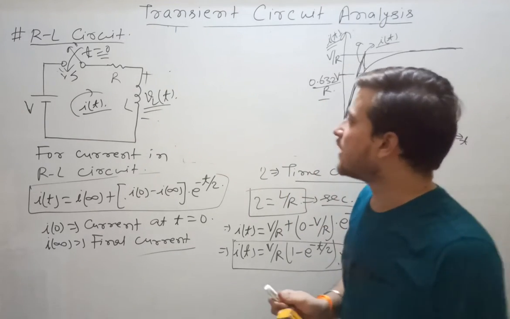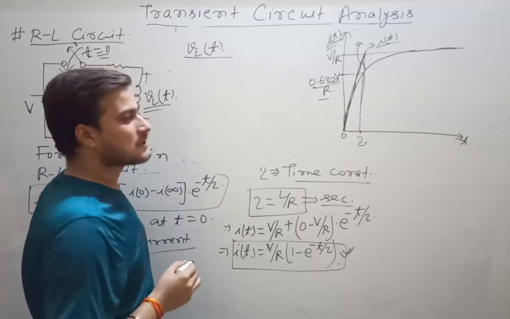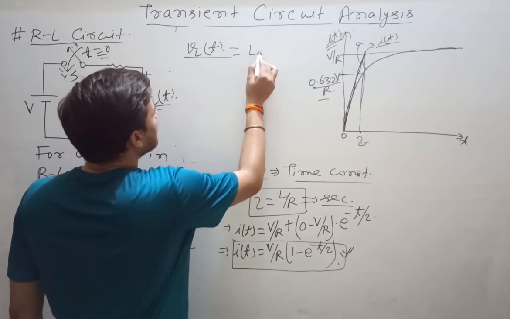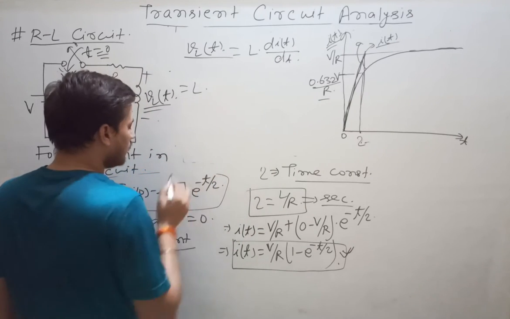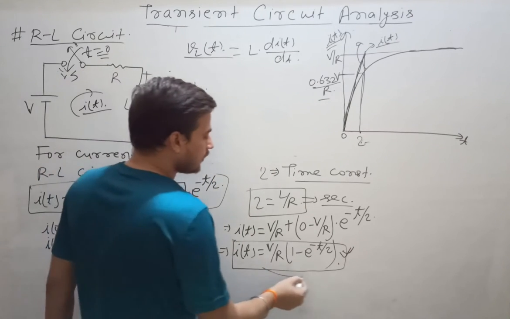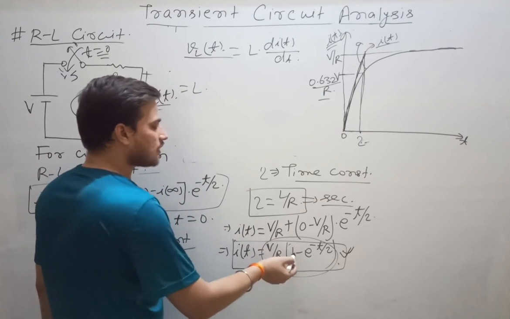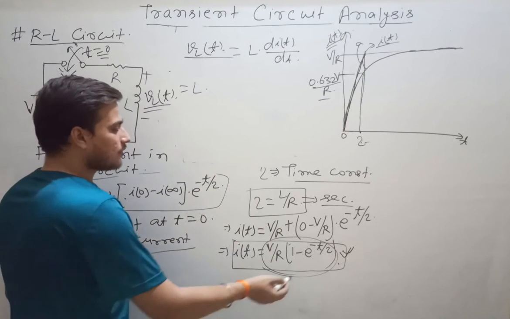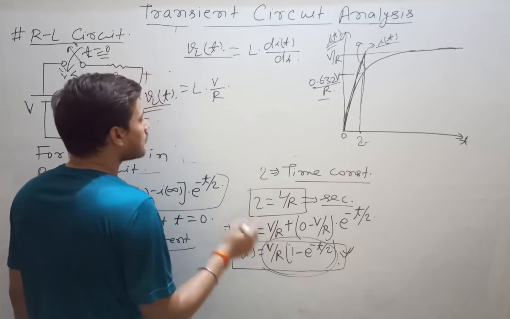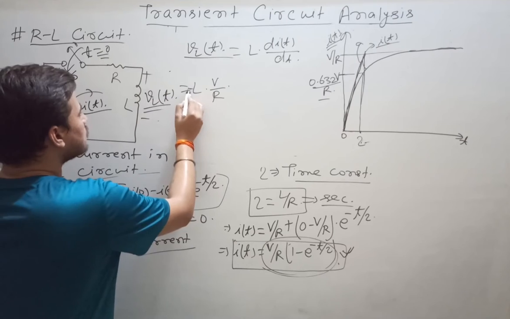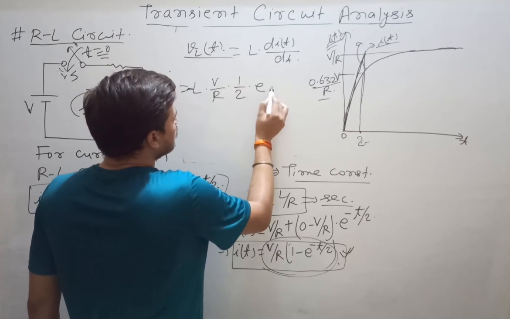So now you have to find the expression for the voltage across the inductor, V_L(t). What do you know? You can write L into di by dt. You have to differentiate this with respect to time. The first term 1 is constant, so its differentiation will be 0. I am differentiating the second term: V by R into minus sign, so minus L into V by R into 1 by tau into e to the power minus t by tau.